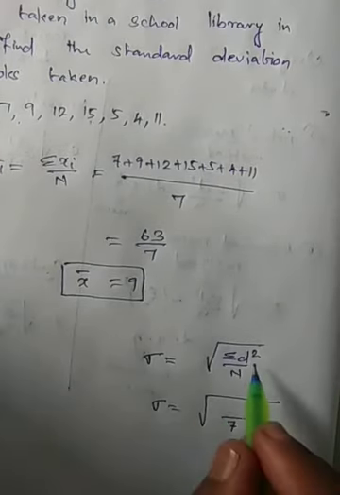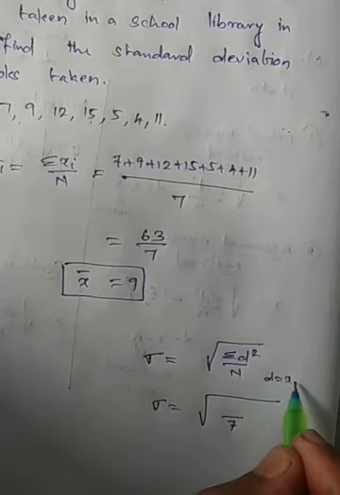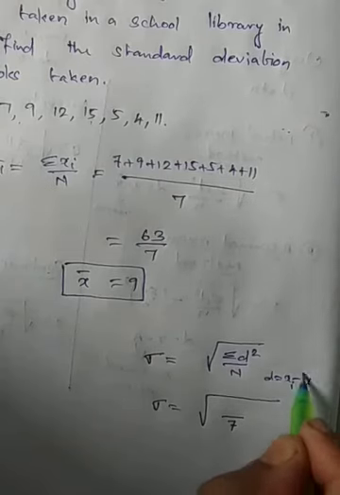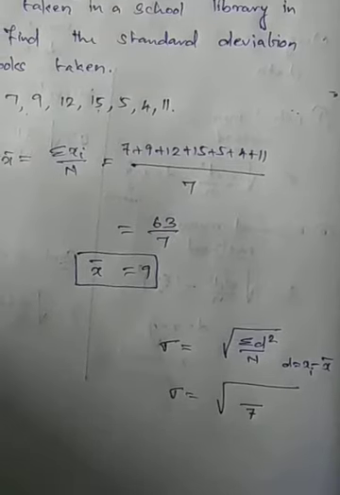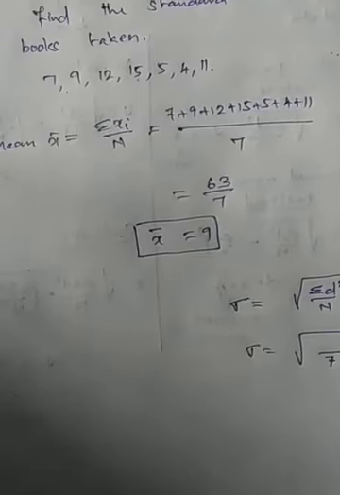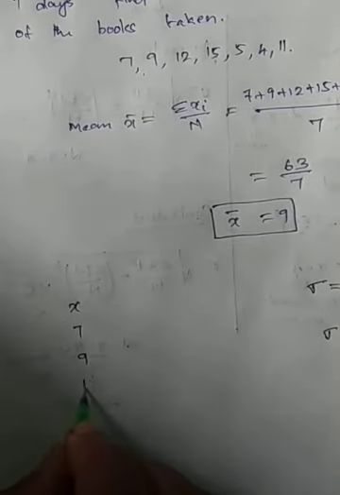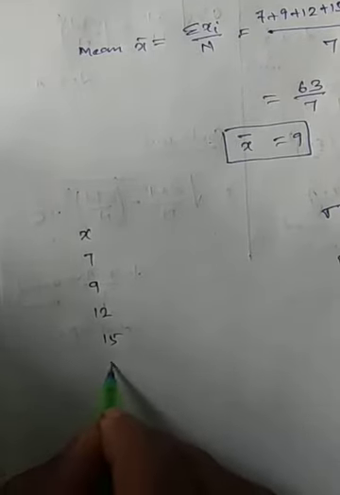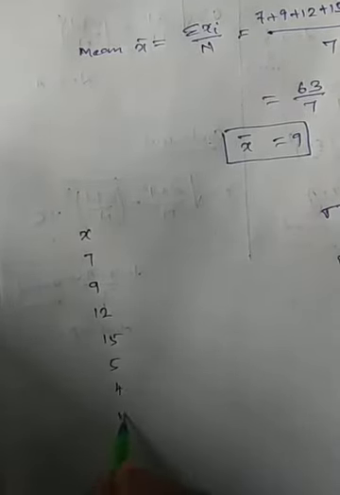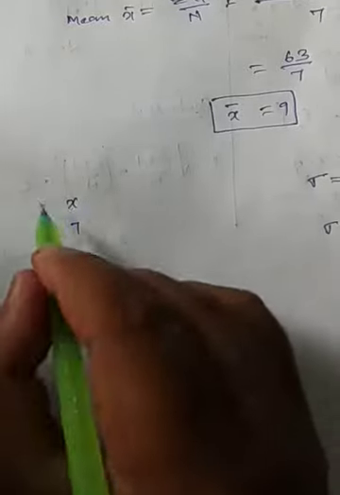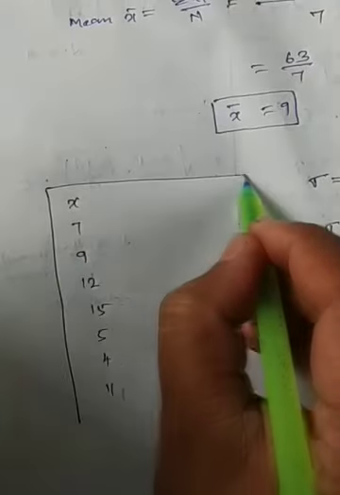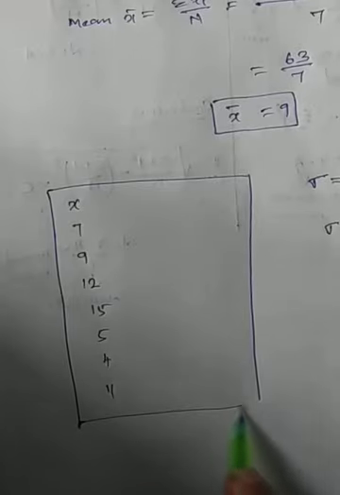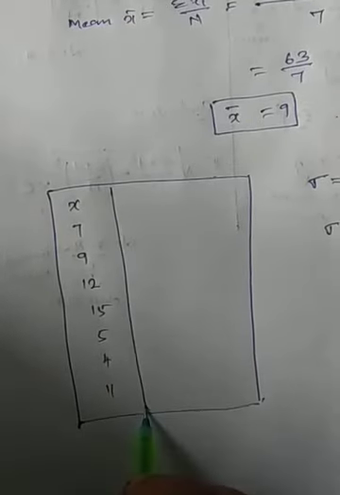D is xi minus x bar, so we need to find that in a table. First we'll write x here. What is x? The data 7, 9, 12, then we have 15, 5, 4 and then 11. This is the x we have written. After this we need to get d.